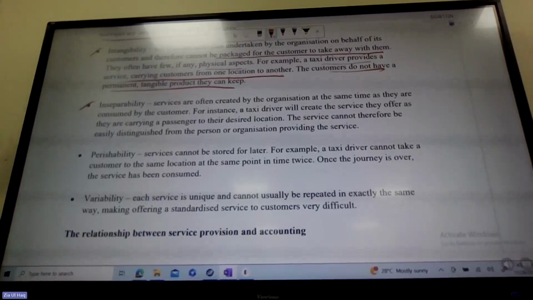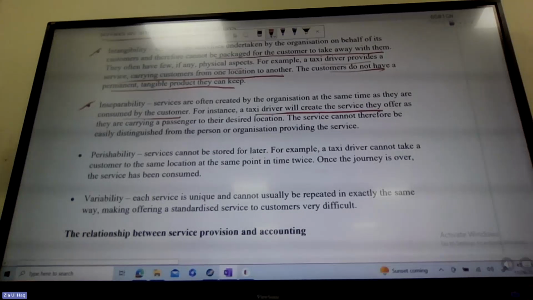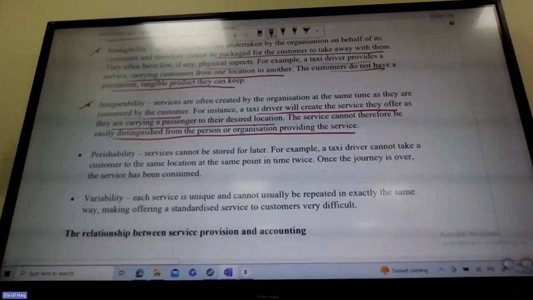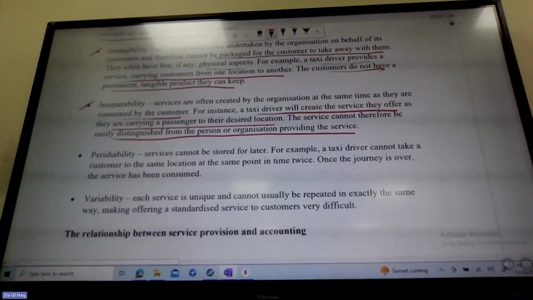Services are often created by the organization at the same time as they are consumed by the customer. For instance, a taxi driver creates the service as they carry a passenger to their desired location. The service cannot easily be distinguished from the person or organization providing it. Without that person, you cannot take the service separately.